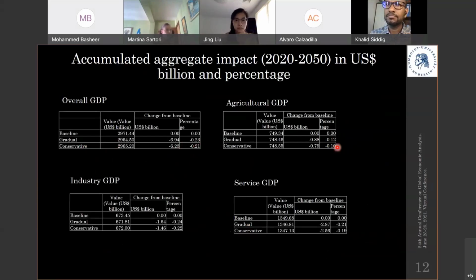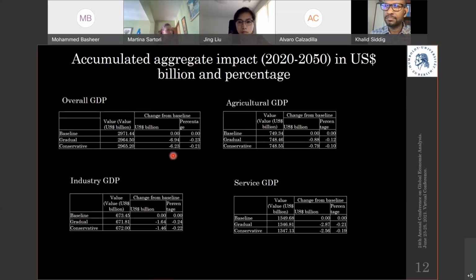We can also see that these impacts are in the other sectors, but overall on GDP between 6.23 and 6.94 billion dollars over 30 years, between 2020 and 2050. This is accumulated impacts without any discounting.